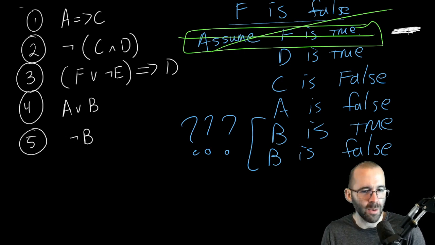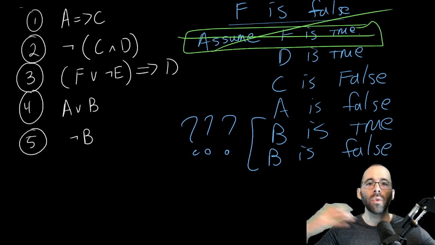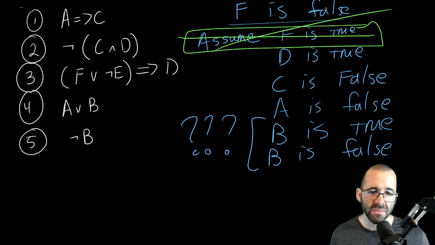We're trying to say, well, what would happen if it were true? This is an example, and I chose it because you can do it both ways. But a lot of times it's really, really hard to show something is true by direct proof, but easy by a contradiction.